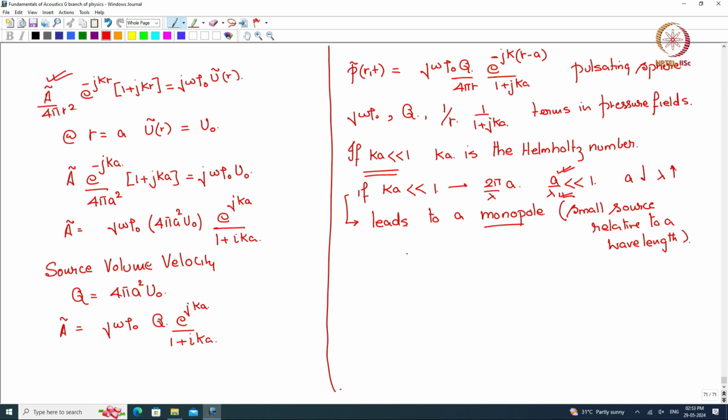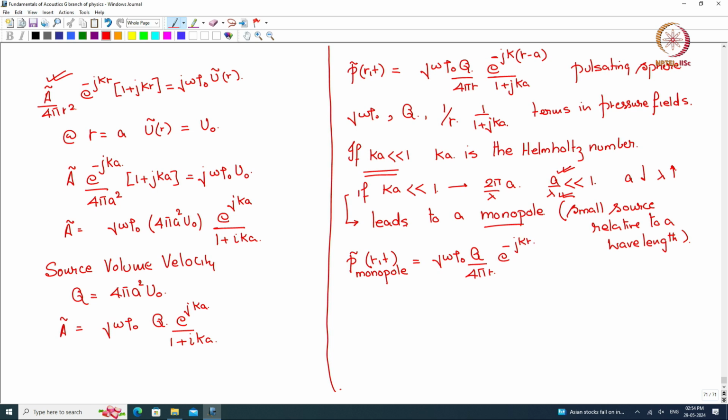Okay. So now if we go to a monopole approximation, p tilde monopole is given by j omega rho 0, we will keep the same source strength, q by 4 pi r e to the power of minus j k r.